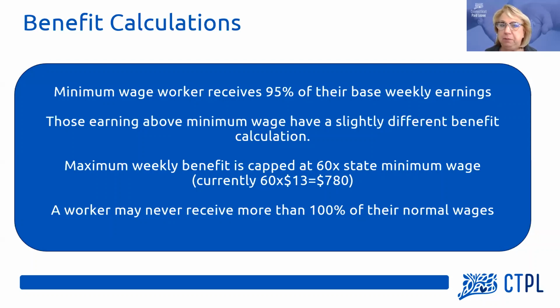So 60 times $13, which is the current minimum wage rate, is $780. That is the maximum weekly benefit a person could receive under Connecticut paid leave. Please keep in mind what we try to do through the employer verification form and all the documentation is to ensure that a worker does not receive more than 100% of their normal pay.